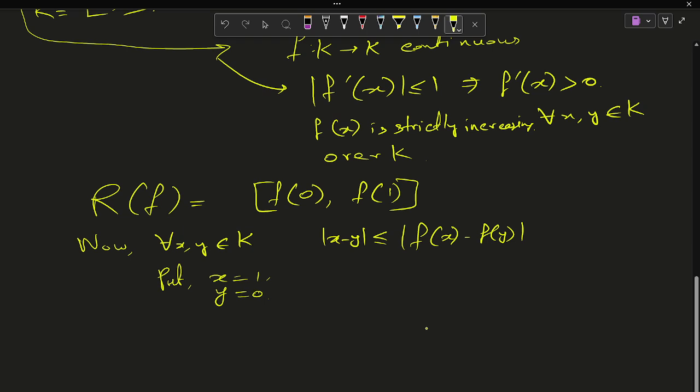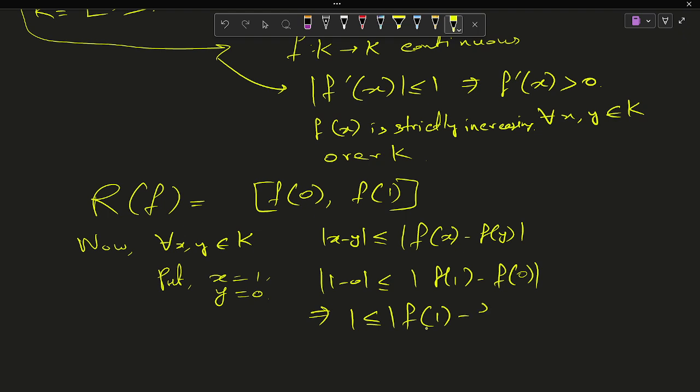Okay, so then we will get 1, mod of 1 minus 0, is less than or equal to this. No, that will be my x equals 1 and y equals 0. So we will get that 1 is less than or equal to mod of f1 minus f0.